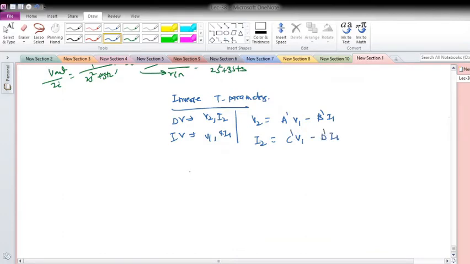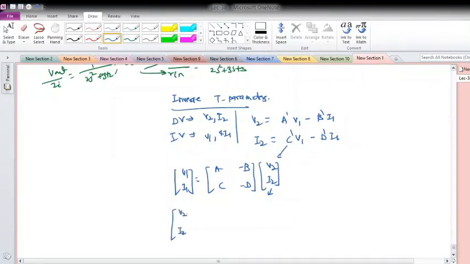Okay, and this A dash, B dash, C dash, D dash you can obtain from the ABCD parameters, because as you know the ABCD parameters are V1, I1, which was A, minus B, C, minus D. If I am taking the negative sign here, what will happen is V2 and I2, and now I want it in terms of V2 and I2, so this will be V2, I2, which will be now A, minus B, C, minus D, its inverse, into V1, I1.